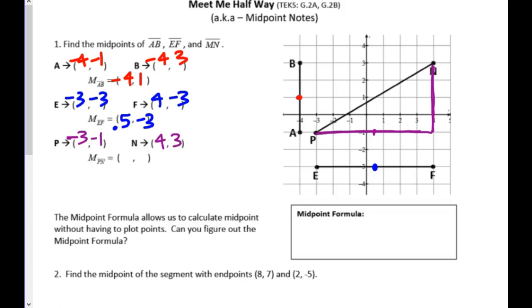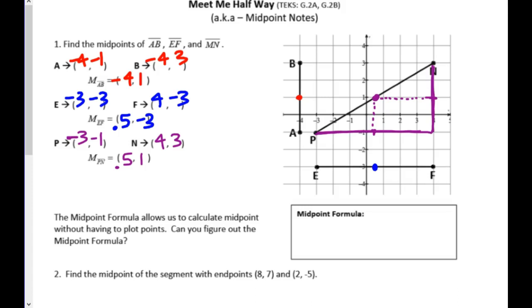Vertically, that's 4 units, so the half of that is right here. And where do those cross? That's the midpoint, okay? Half of the X, half of the Y, wherever they cross is the midpoint. So what are the coordinates of that? 0.5, comma, 1. Okay?